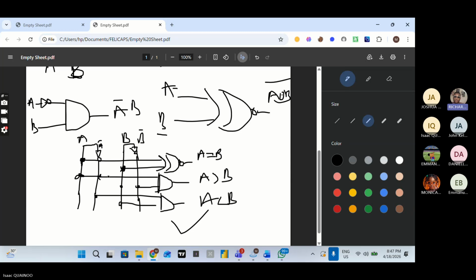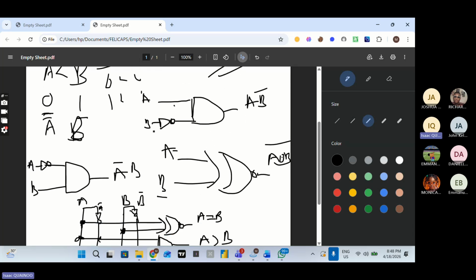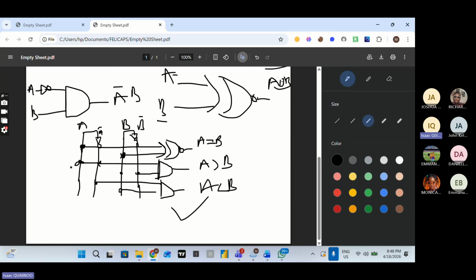Yeah. And for A is greater than B, we have our A and our B naught. So we took our A from here, and we took our B from B naught.